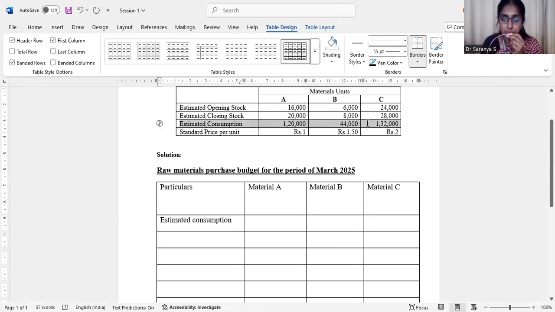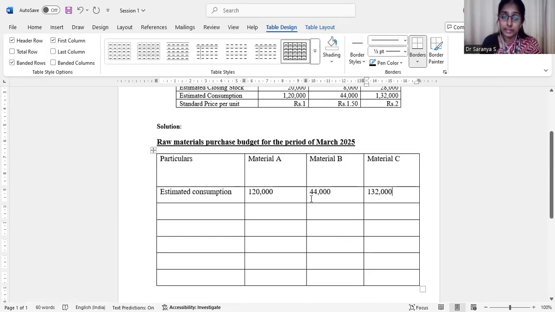The estimated consumption for material A is 1,20,000. Then for material B, it is 44,000. And for material C, it is 1,32,000. Now this is given directly, correct? So we started with consumption itself. Sometimes they may not give the consumption, so then there's another way of doing it.